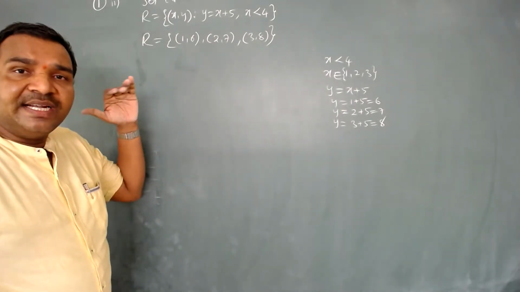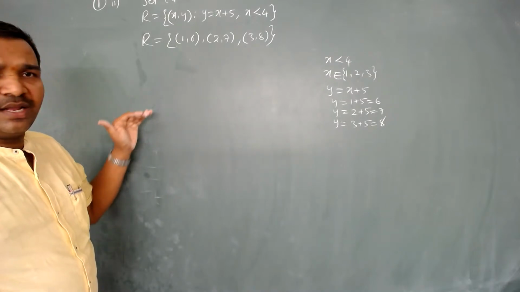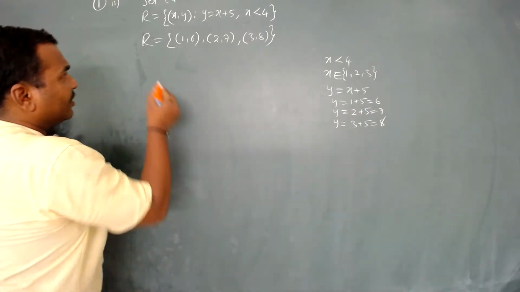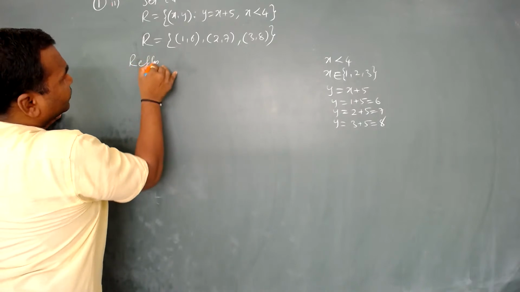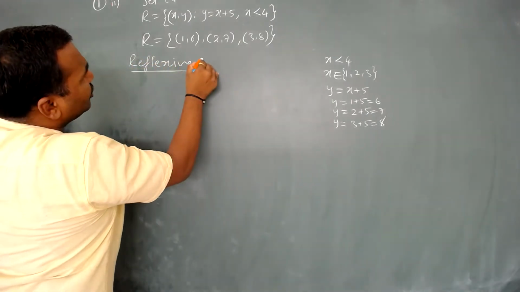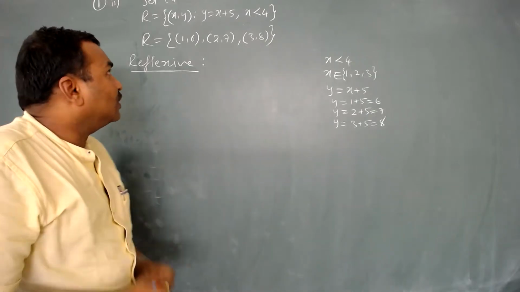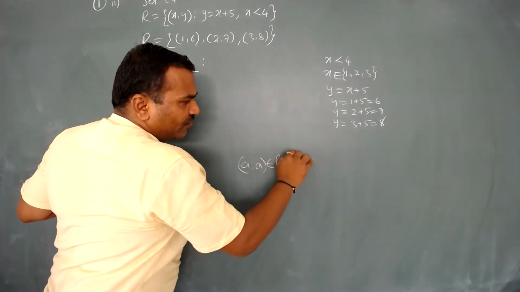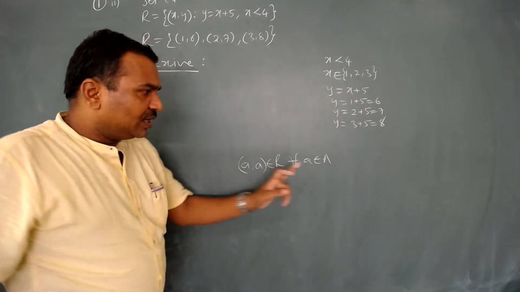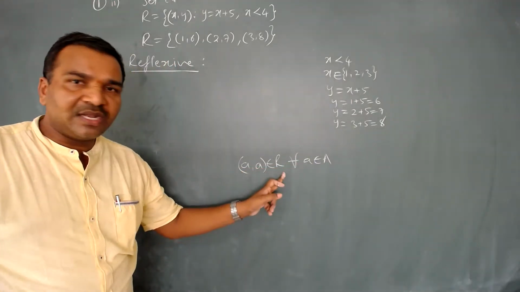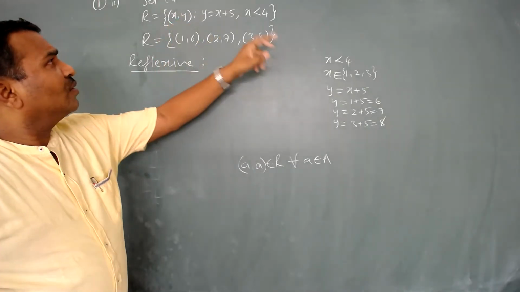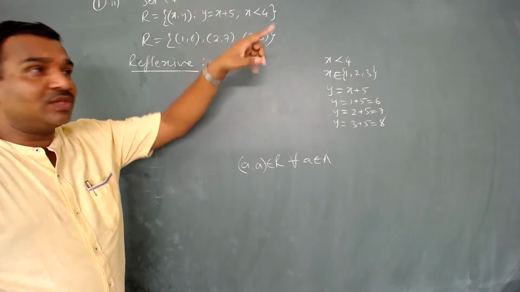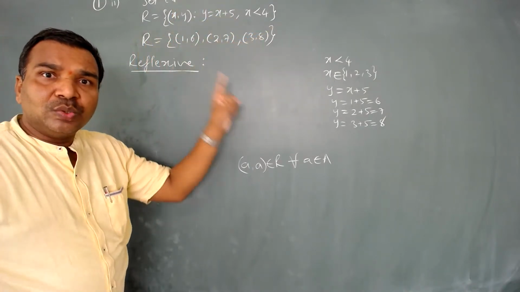Now we have to check whether the relation is reflexive, symmetric and transitive, one by one. First, reflexive. Is it reflexive or not? No, it is not reflexive. The condition of reflexive is A comma A belongs to R for all A belongs to the given set. The given set has elements 1, 2, 3, so there should be 1, 1, 2, 2, 3, 3.